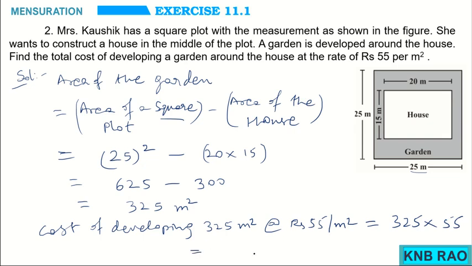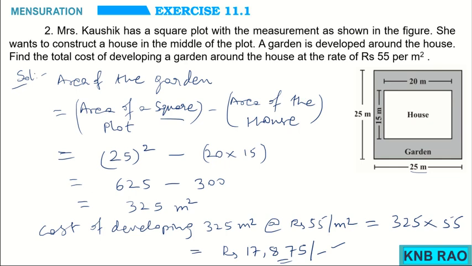If you multiply, you will get the cost as 17,875 rupees, being the cost of developing that garden. So this is how we solve this question.